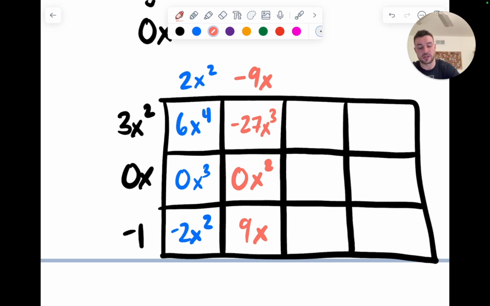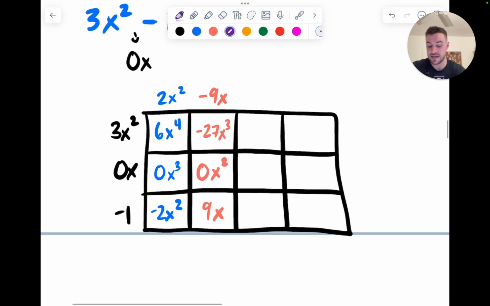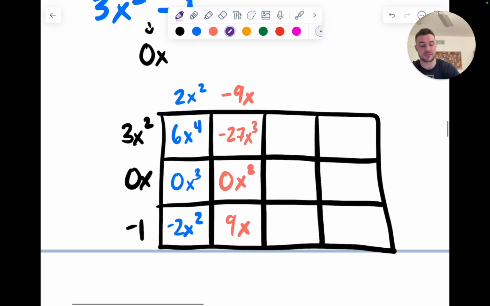And now we are looking at our next set of diagonals, which needs to add to my third term, which was a 13x squared. So I have a -2x squared plus 0x squared. So I'm just at -2x squared. Now I need to get to a positive 13x squared. So this has to be a 15x squared.